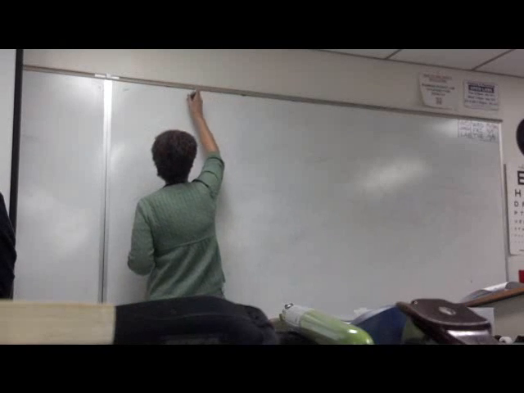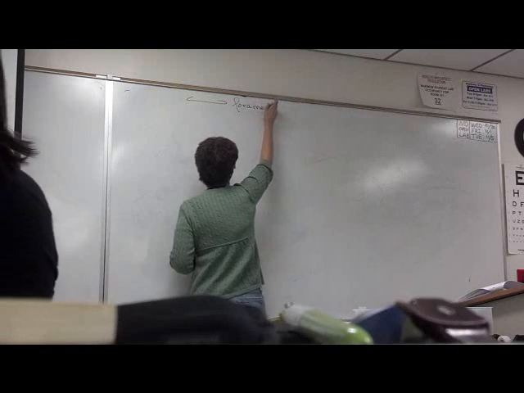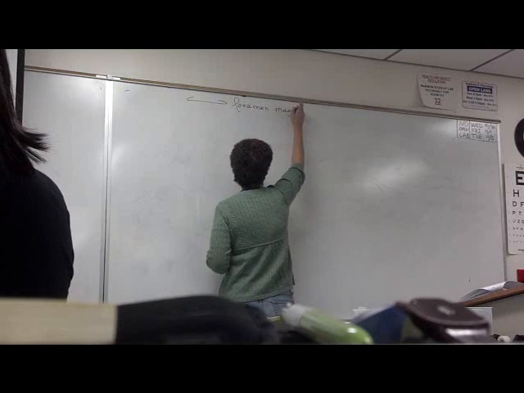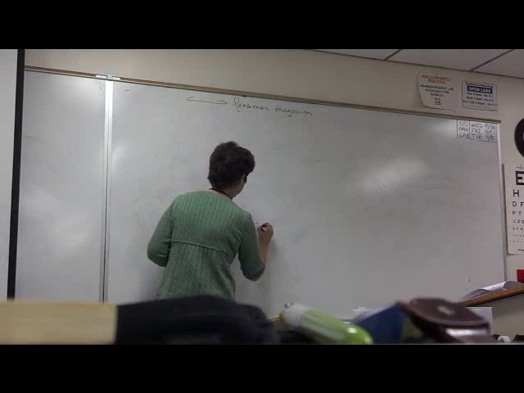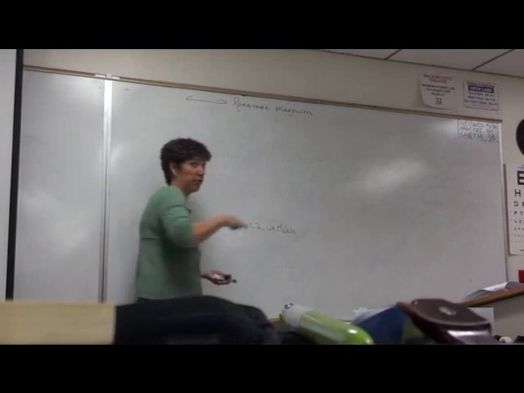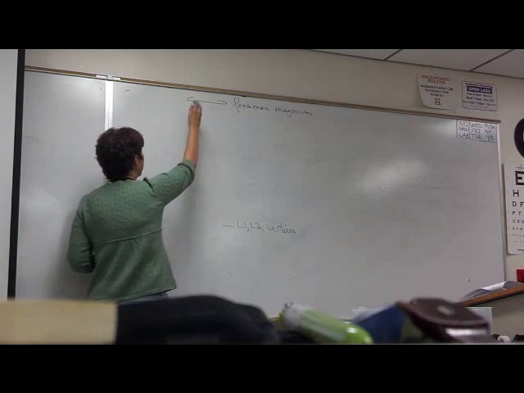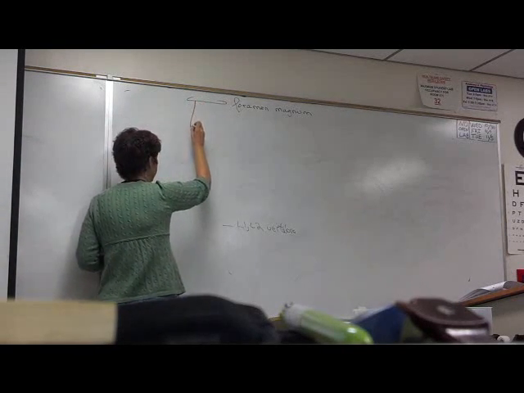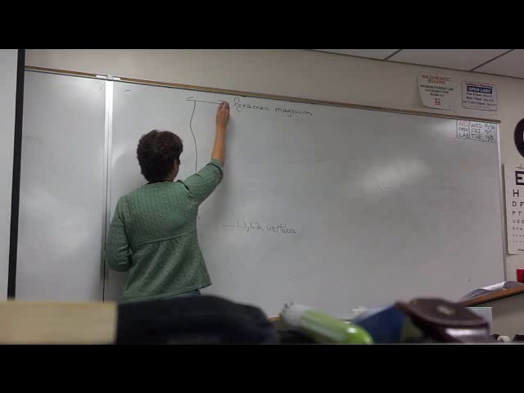So the spinal cord extends from the foramen magnum down to the level of L1, L2 vertebra. I'm going to draw it shorter and fatter than it actually is in proportion. It has a swelling at the cervical region, another swelling in the lumbar region.